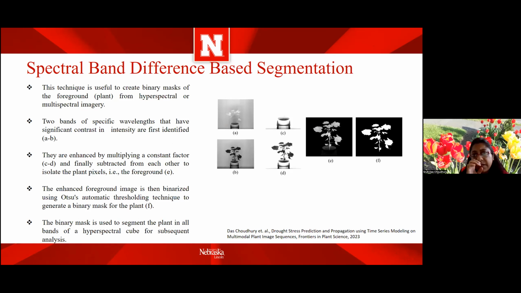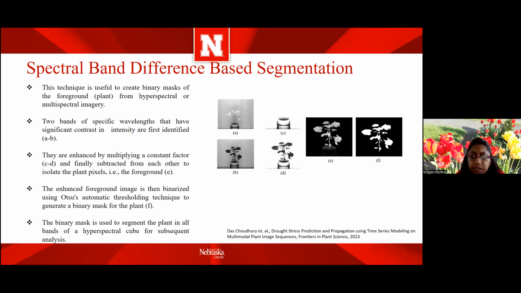Spectral band difference-based segmentation. This segmentation technique works great for hyperspectral or multispectral image analysis. This technique is useful to create a binary mask of the foreground from hyperspectral or multispectral imagery. What we have done here: two bands of specific wavelengths that have significant contrast in intensity are first identified.